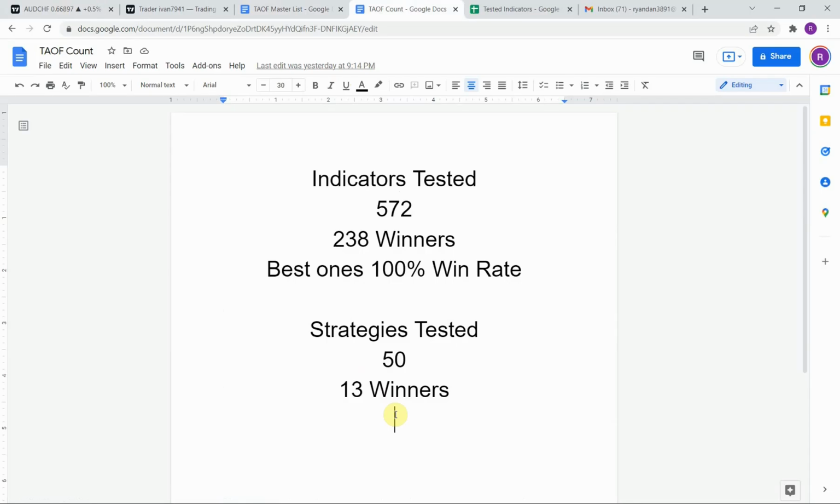Before we do though, I wanted to put the testing scoreboard up for everyone to see. So to date, we have tested a total of 50 different strategies, with 13 of them being profitable. We have also tested a total of 572 indicators, with 238 of them being winners.